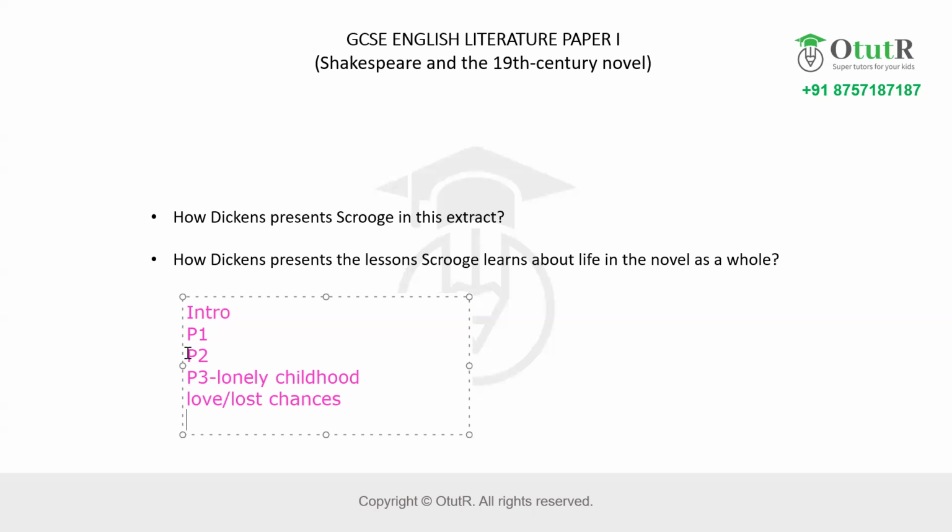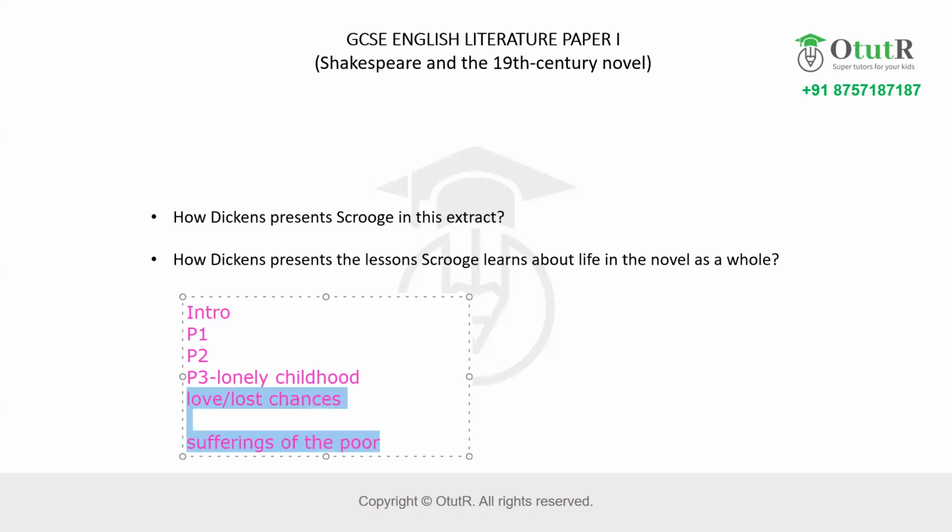Ghost of Christmas Present exposes the sufferings of the underprivileged or the poor. So the Cratchits and the Miners, their suffering is shown, and it tells Scrooge about how ignorance and want are dangerous, and that wealth also brings responsibility, the responsibility of charity with it.